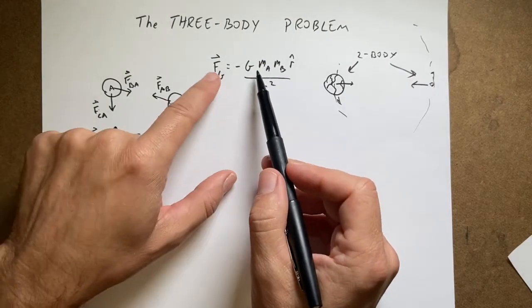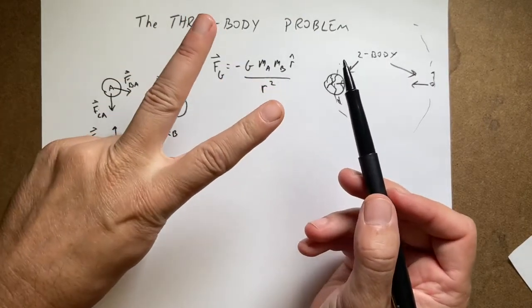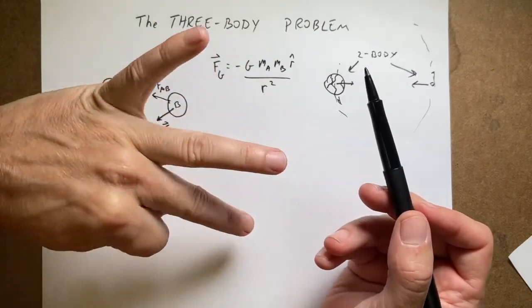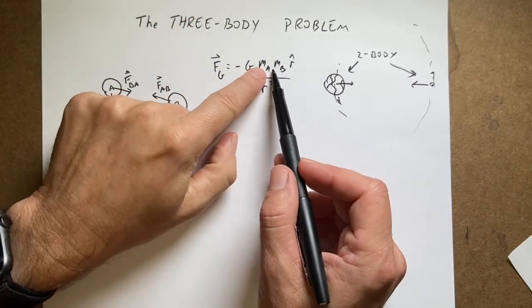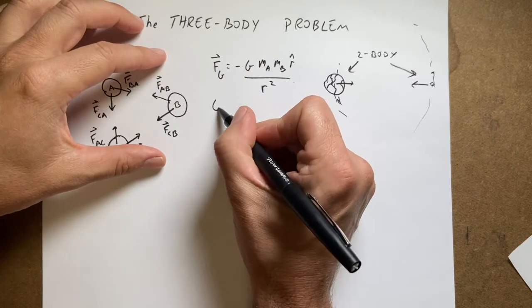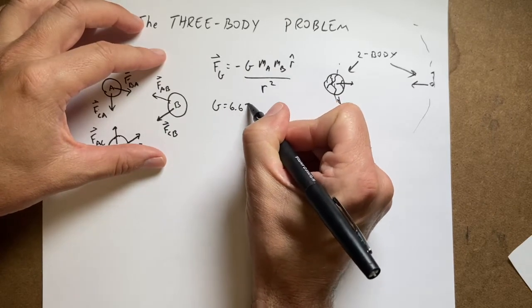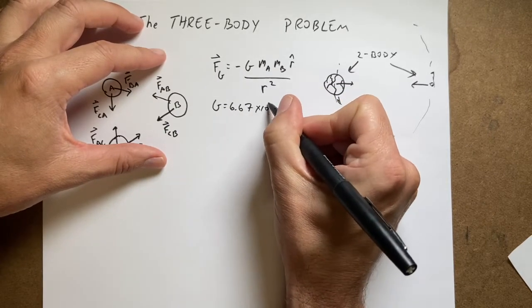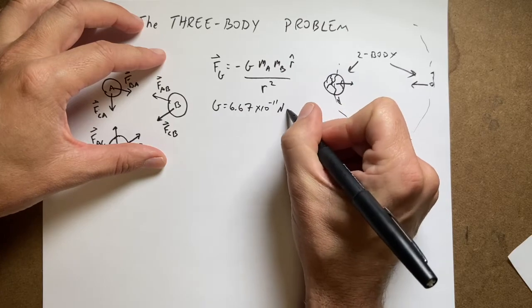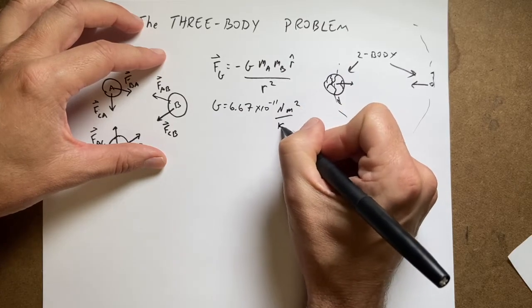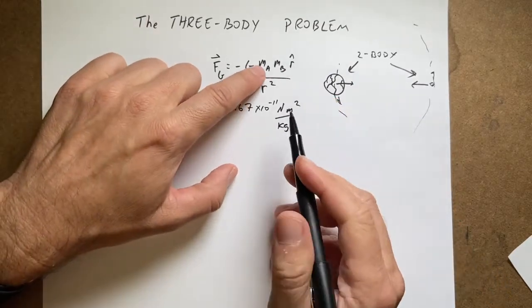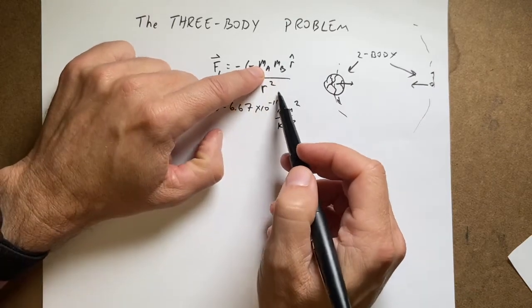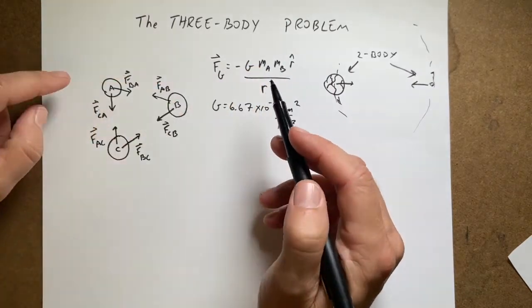So this says that a force between two objects, and we have three here, is going to be the product of their masses. G is a constant. G is 6.67 times 10 to the negative 11th newton meters squared per kilogram squared. That's really not important. These are the masses of the two objects. R is the distance between their centers.